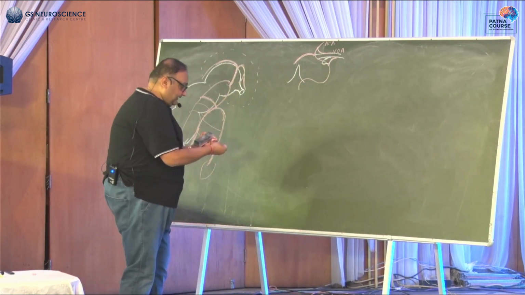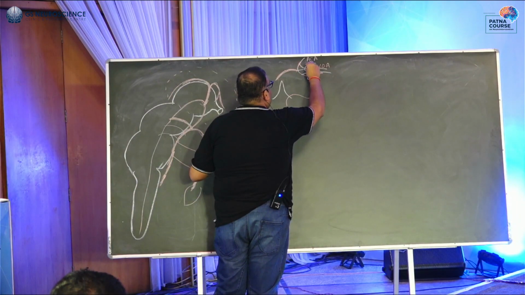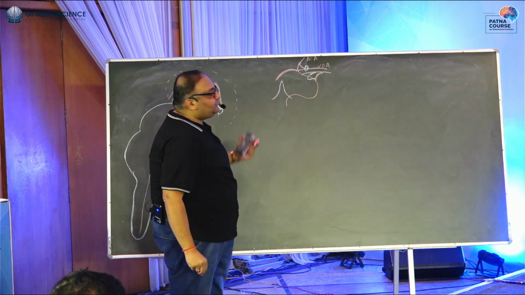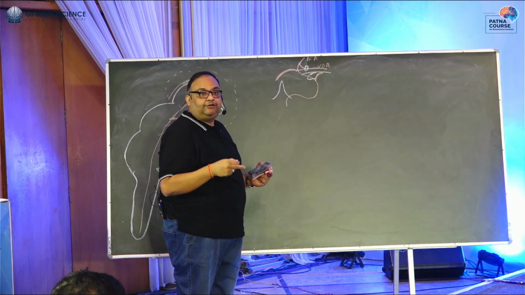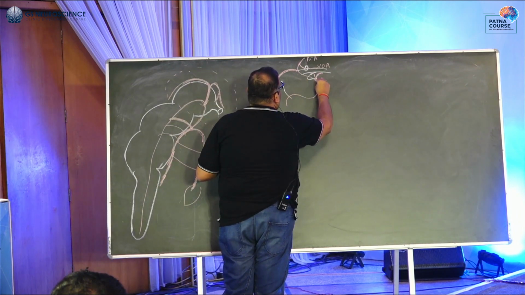Now, this vessel, the one that has gone on the top, has gone through the optic foramen, but the vessel which is going at the bottom, which is going to supply the peripheral nervous system, will travel through the superior orbital fissure.